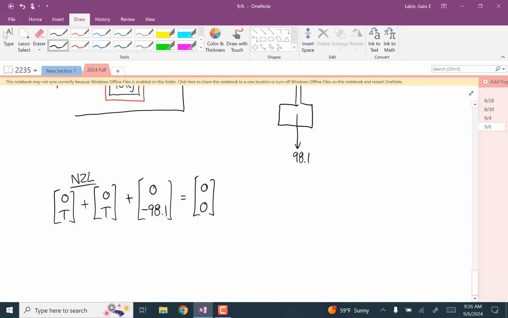You get one equation that just says 0 equals 0. But the second equation says 2T minus 98.1 is equal to 0. So T, the force you have to apply to hold up this weight of 98.1, is 49.05 newtons.